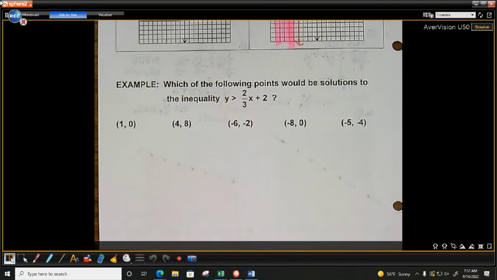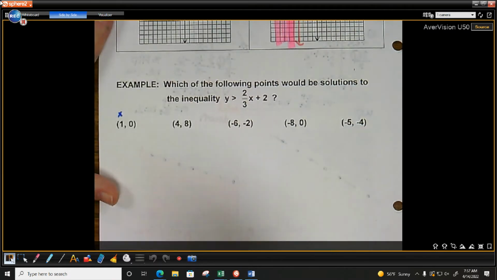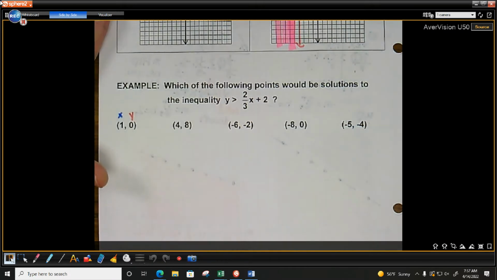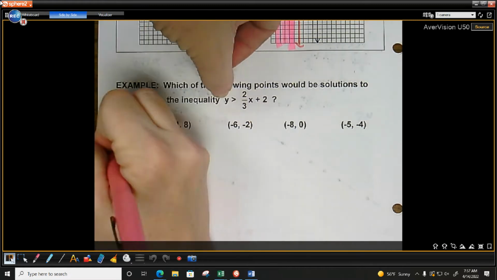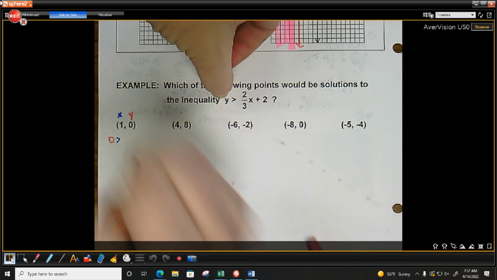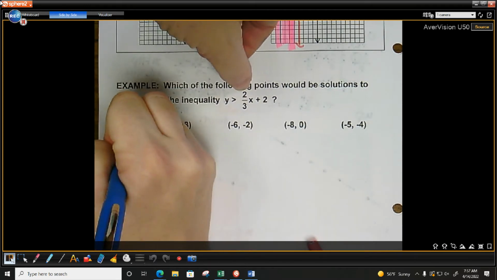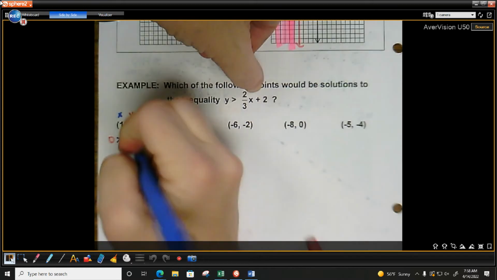Plug it in. I have an x value and I have a y value. So I can rewrite my inequality, and what am I going to replace y with? 0. So 0 is greater than 2/3 times x. What's x? 1, plus 2.